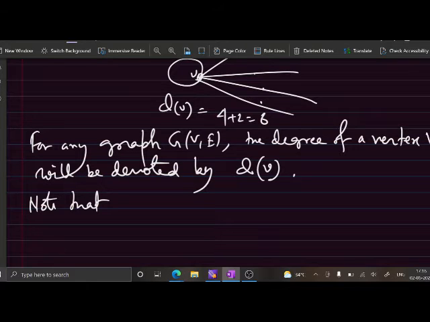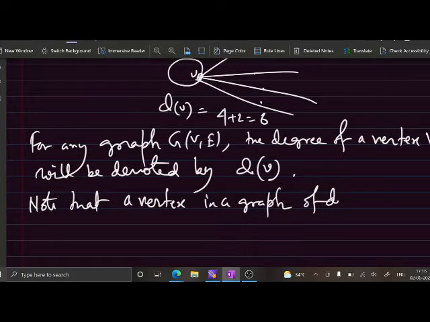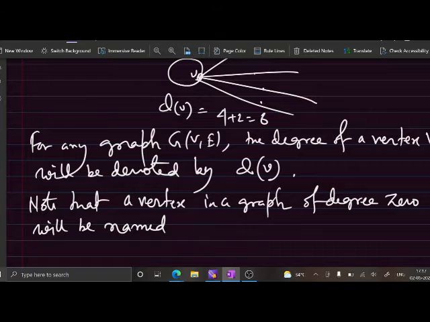That means a vertex in a graph of degree 0 will be named as an isolated vertex.